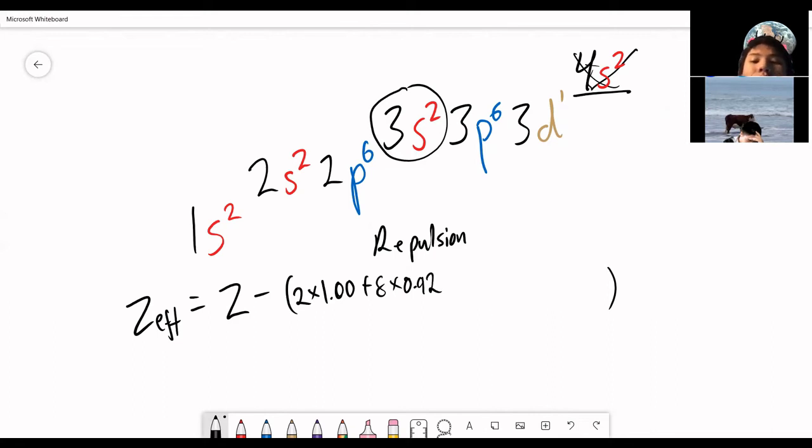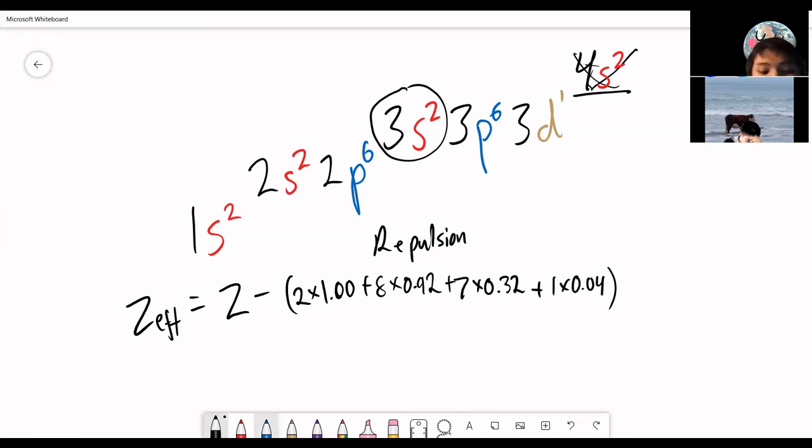Now, for the s and p electrons, we see that for the 3s electron, there are going to be 7 3s and 3p electrons that are going to have a repulsion. Each one of these has a 0.32 repulsion, and there's 7 of them. So we multiply 7 by 0.32. And then for the 3d electron, we see that there's 1 electron, and this has a repulsion of 0.04.